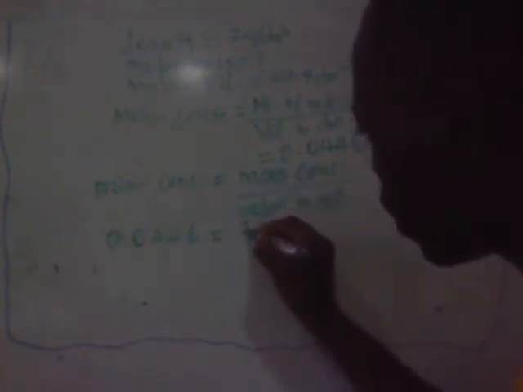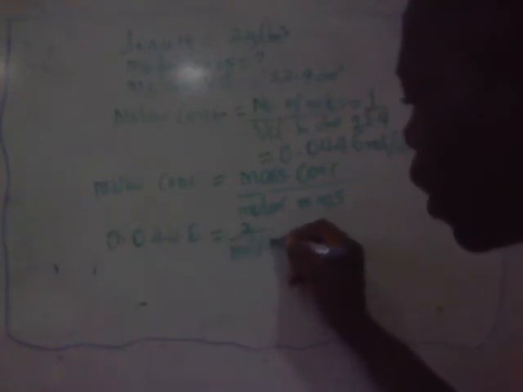Can't you see that mass conc is the same thing as density here? We were given density as 2 grams per dm cube. So mass conc is the same thing as density. That is physics in chemistry, chemistry in physics. They have the same unit, gram per dm cube. So our mass conc is 2, all over our molar mass.